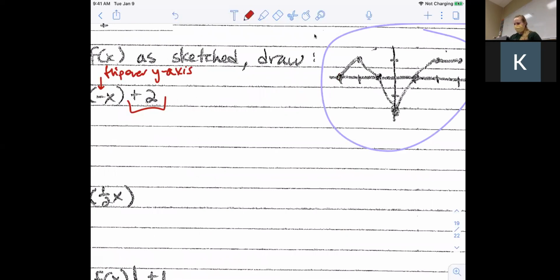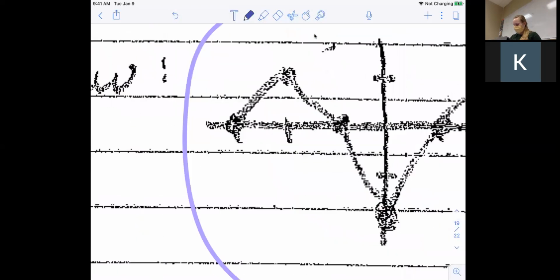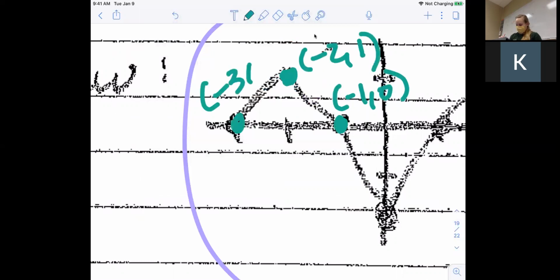Let's label these points first so I know exactly what I'm talking about. It looks like this one's -1, 0. That does not pop as much as I want it to. That's -1, 0, -2, 1, -3, 0.